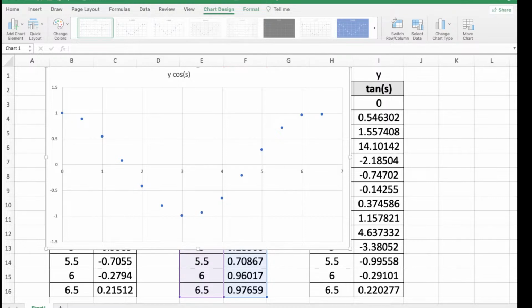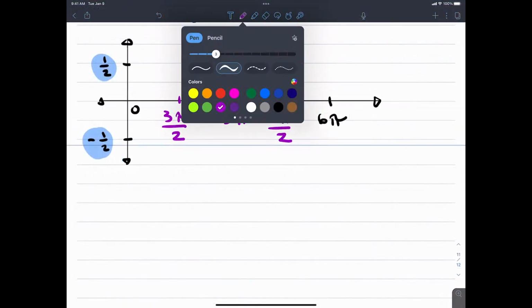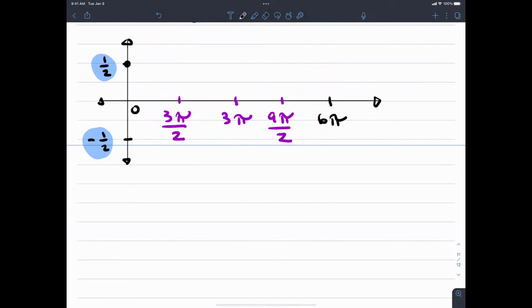And then it goes to the x-axis and goes to the lowest point, back to the x-axis, back to the highest point. So you go, okay, it starts at the highest point, goes to the x-axis, goes to that lowest point, back to the x-axis and back to the highest point, because this is cosine. Oops, I'm gonna have to go all the way over here.